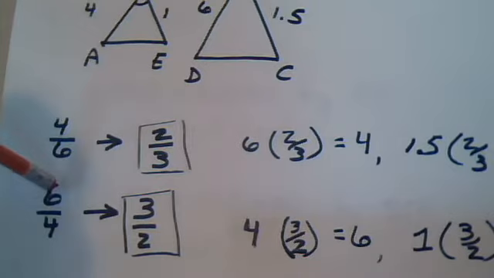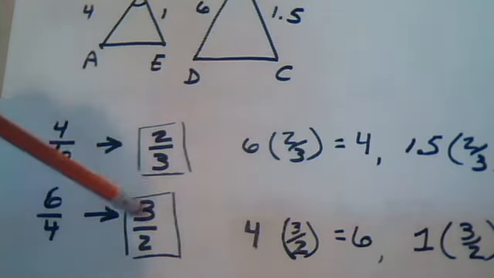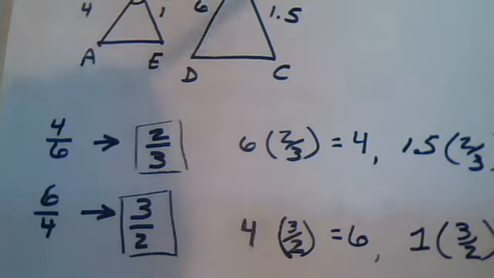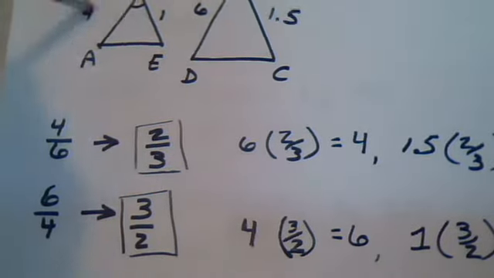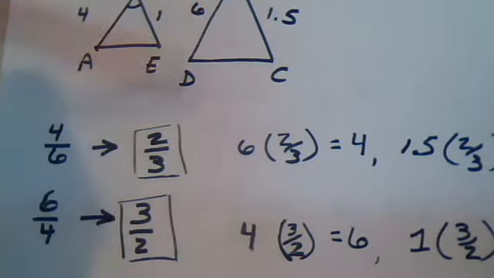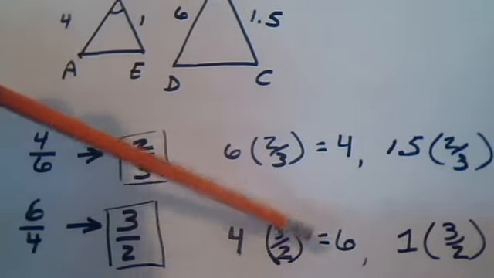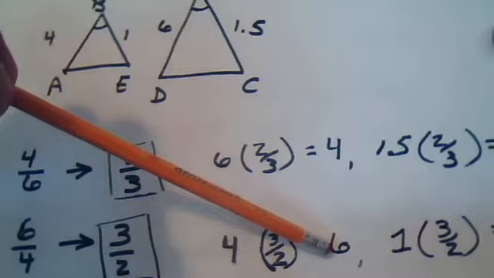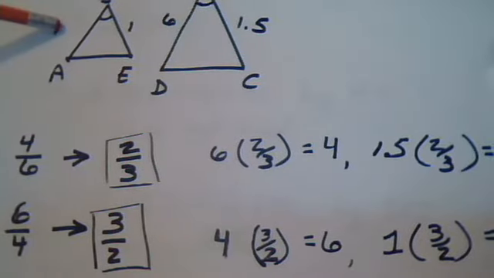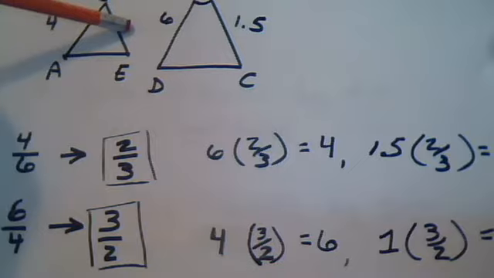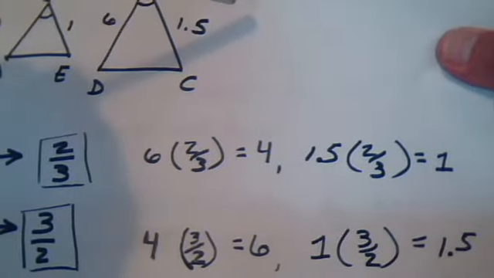Could you have done the 6/4? Sure. If you use 6/4, 3/2, and this is a number bigger than 1, that means I'm going from the smaller to the bigger. So I multiply these two sides by this number, and it should produce these two sides. So notice 4 times 3/2 is 6. So 4 times 3/2 gave me this one. And 1 times 3/2 gives me this one.